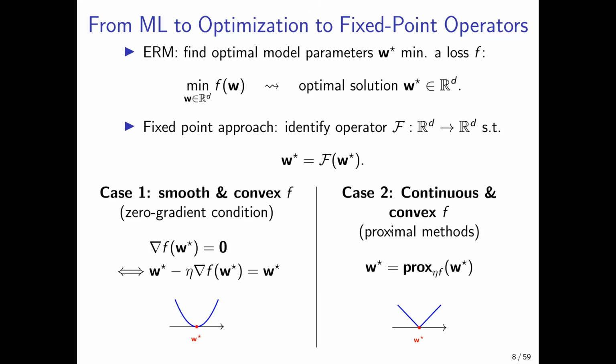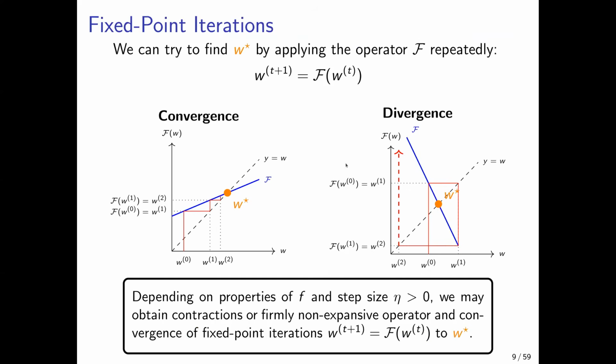Whenever we have found such a fixed point equation, the general approach is that we try to solve it by a fixed point iteration, which means we start from any initialization and then apply the fixed point operator again and again until these iterates don't change too much anymore and we are close to the limit, ideally, if it converges.